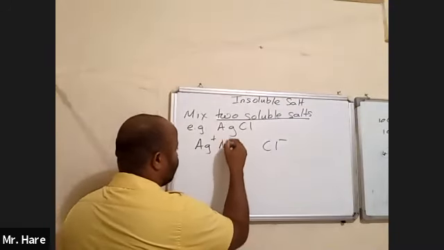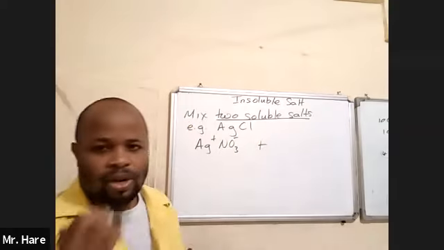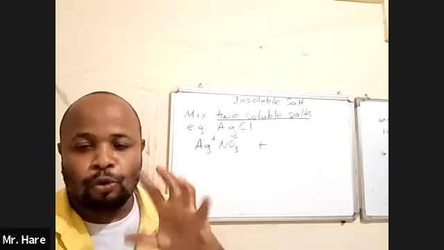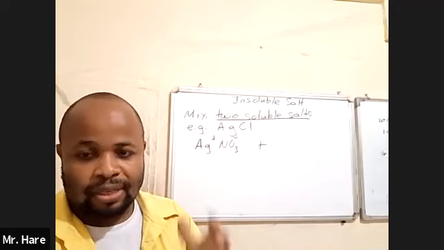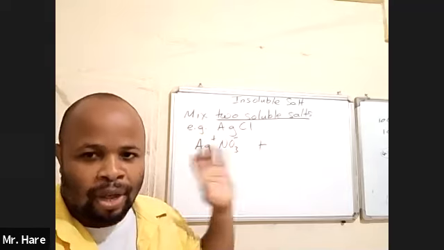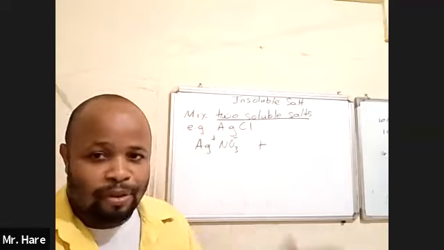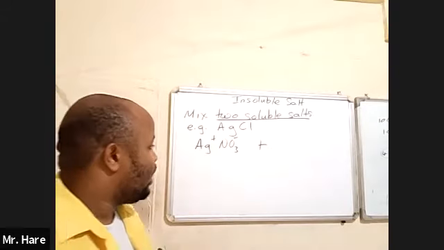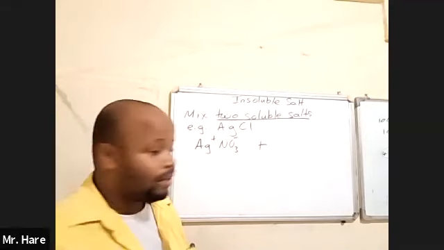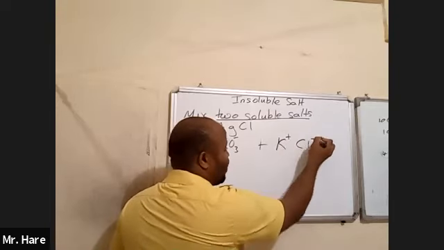Now, if you want a soluble salt with a negative ion like chloride, go with group 1 metals. All of the group 1 metals, as well as the ammonium ion, form soluble salts. So just pick any metal from group 1, combine it with the chloride ion, and you get a soluble salt. For example, potassium ion with the chloride ion.